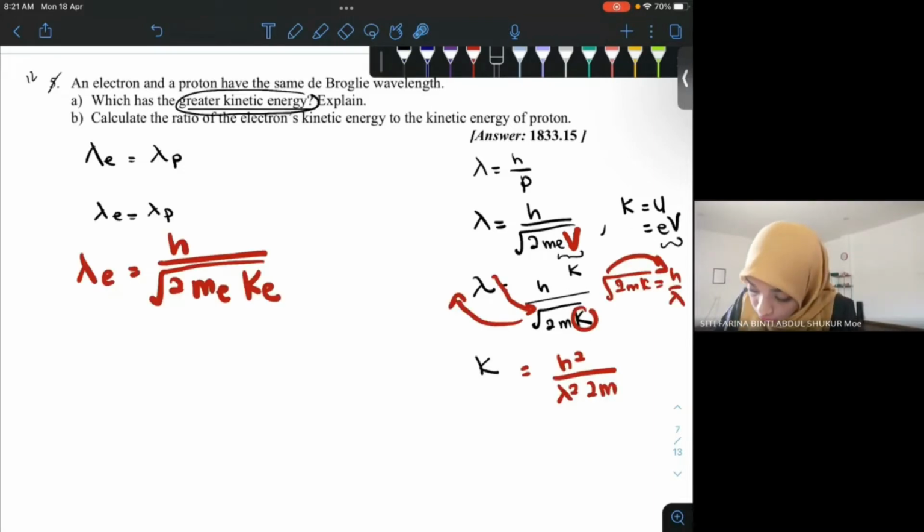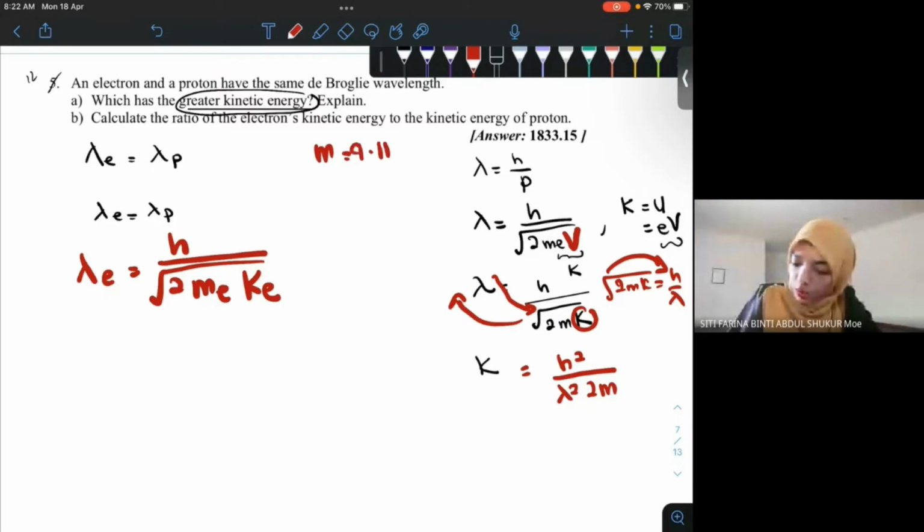Lepas kita dapat equation ini, kamu tengok kita ada term mass dekat sini. Mass kita ini melibatkan mass of the particle. We have two different type of particle, iaitu electron dan juga proton, sebab ada dua particle yang berbeza. Dua-dua particle ini akan ada mass yang berlainan. Mass of electron adalah 9.11 times 10 to the power negative 31.